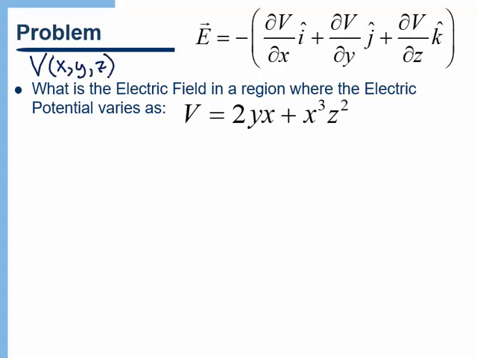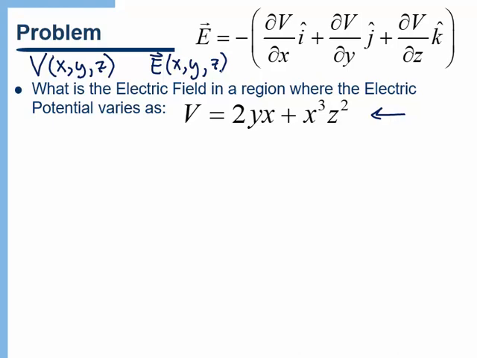If I wanted to know the potential at a particular point in space, if it's given by this formula, I just put in the x and y and z values, and I would just get a number for the electric potential. What we now want to do is find what would the electric field be at a point in space x, y, z. Now again, it's a vector, not a scalar like potential.